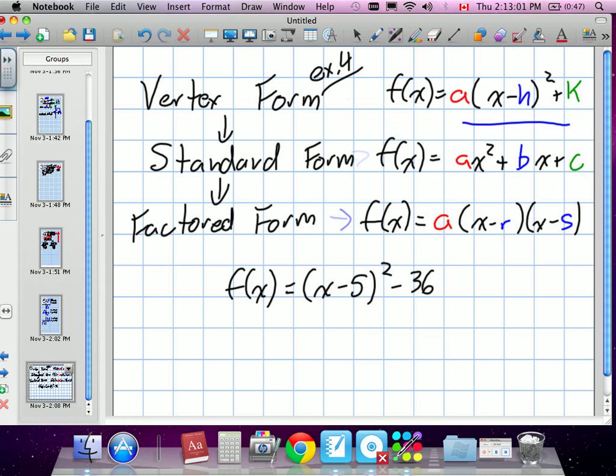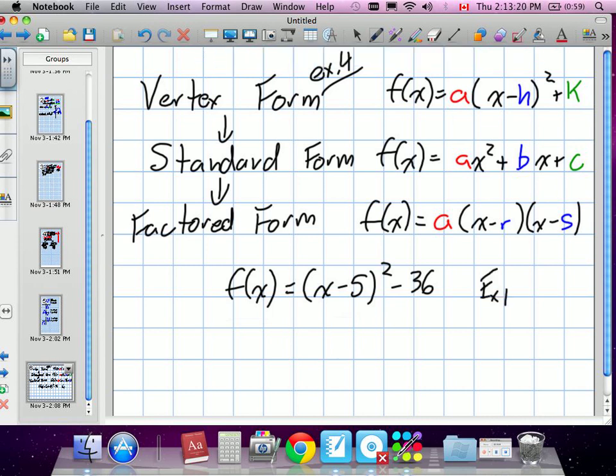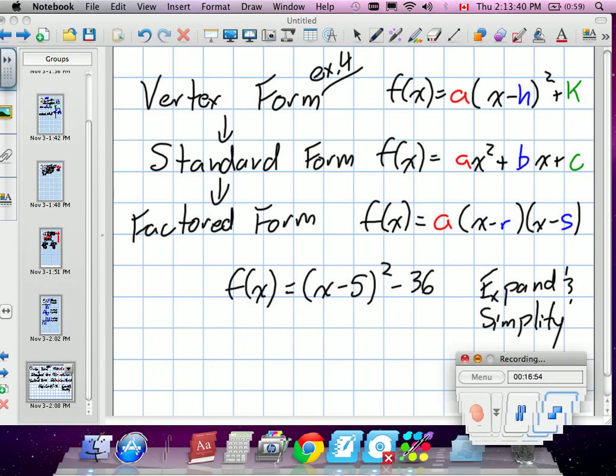So we have our question, f of x is equal to (x minus 5) squared minus 36. So in order to get to standard form, I need to expand and simplify. If you remember, we have a bracket as the base and 2 as our exponent.